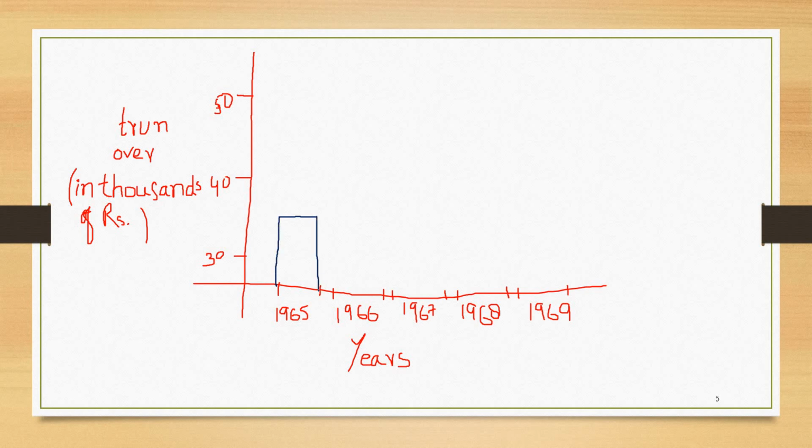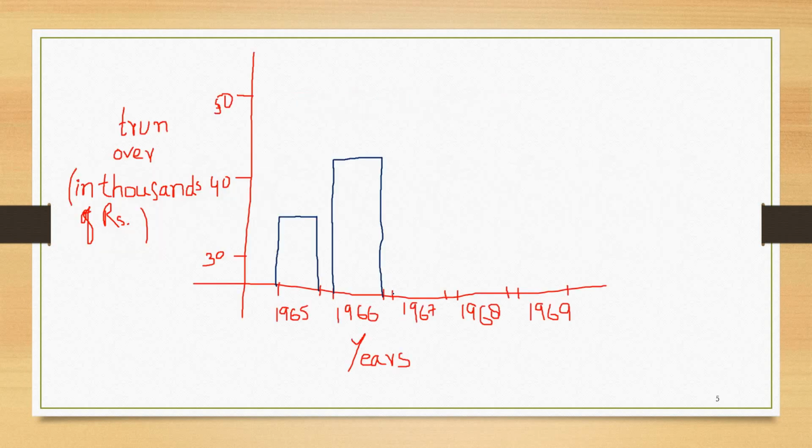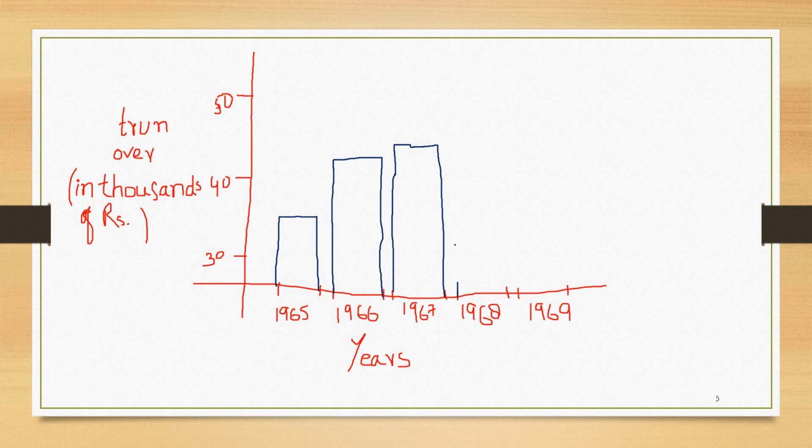So this will be the bar corresponding to year 1965. In 1966 we have 42,000, so it will be somewhere here. In 1967, 43,500, slightly more than the previous one. In 1968 it is 48,000.